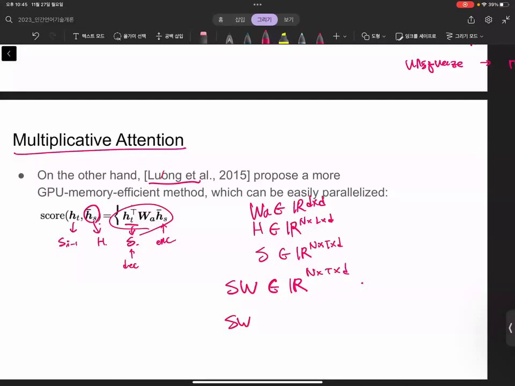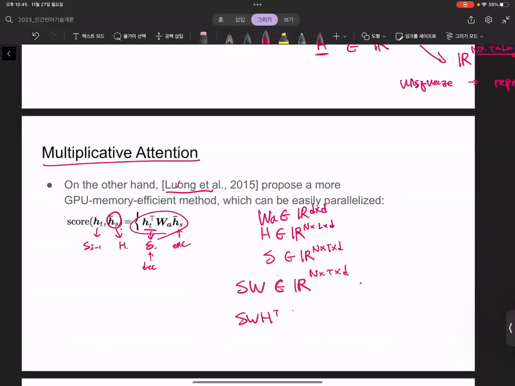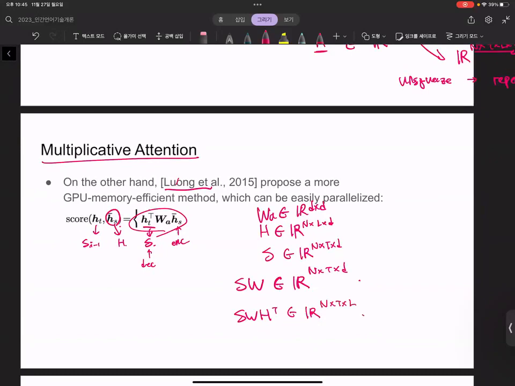And then we have to transpose H because this is basically the inner product. So this will be M by T by L, as we have seen in the lab section.